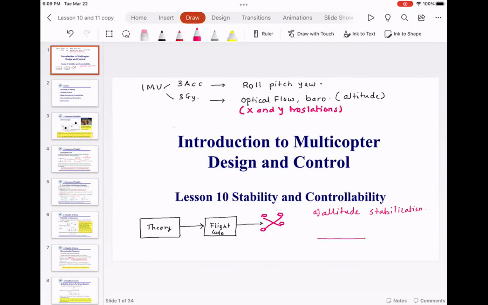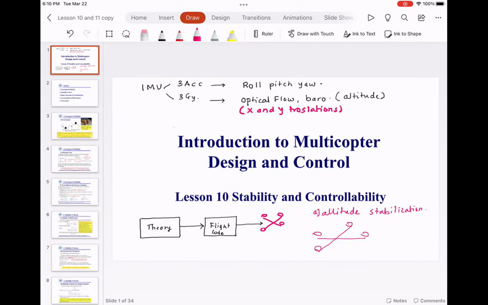Attitude stabilization means if our quadcopter is flat, it should stay flat. If there is a roll or if there is a pitch, the controller should bring it back to its level position. And we are going to do it in a very step-by-step fashion. And I will tell you exactly how it needs to be done.